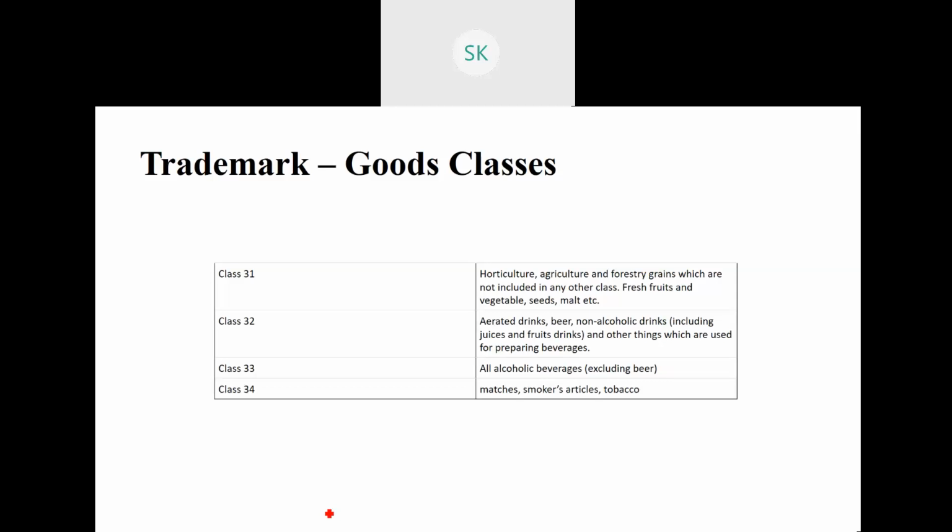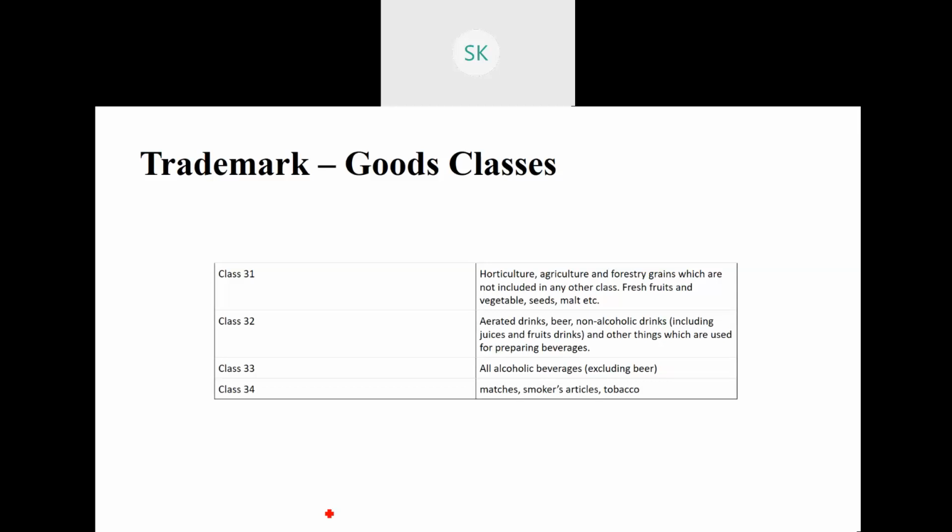I forgot to mention that class 32 excludes all the alcoholic drinks, and class 33 includes all the alcoholic beverages. So class 34 has matches, smokers' articles, tobacco, or things which are used for personal satisfaction, we can say, or personal harmony, that comes under class 34.